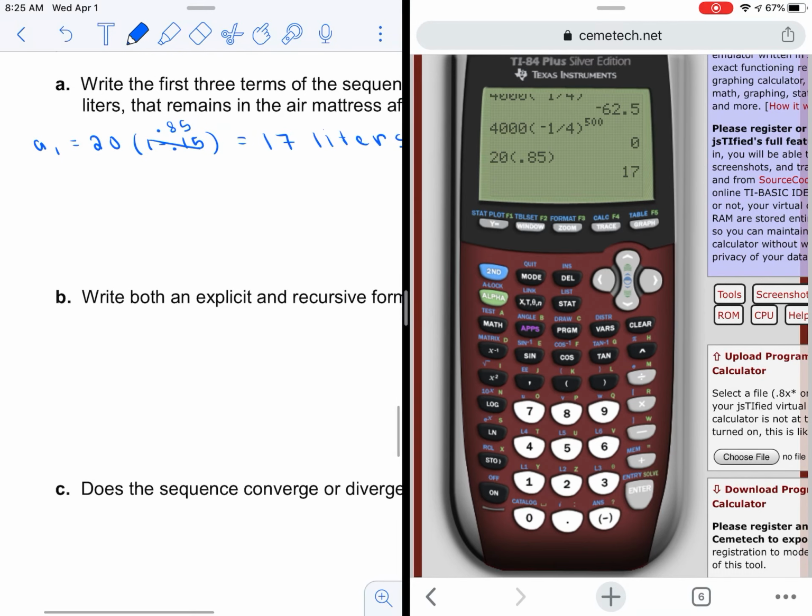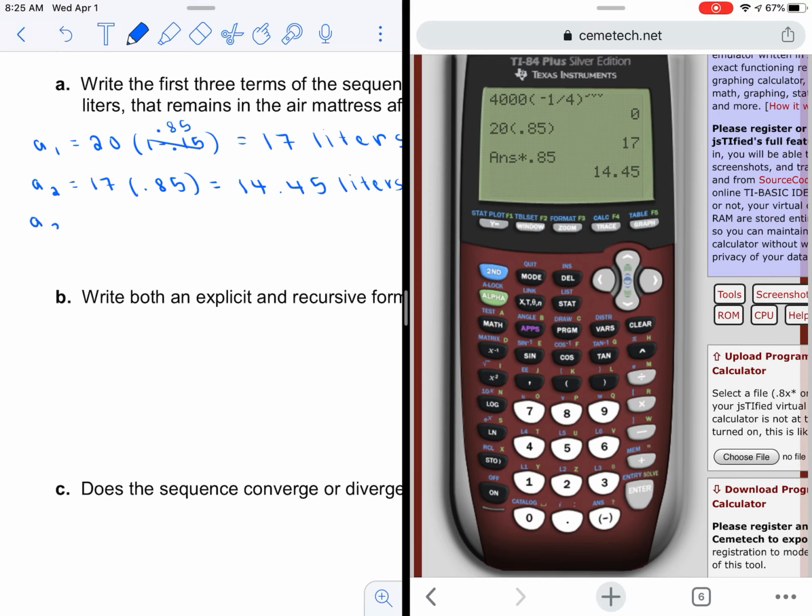Now, you can either use the formula we created, where you would take the 20 times the 0.85 and raise that to the second power, or just take this new answer we got and find what 85% of that is. So we take that answer times 0.85, and that would give us 14.45 liters.